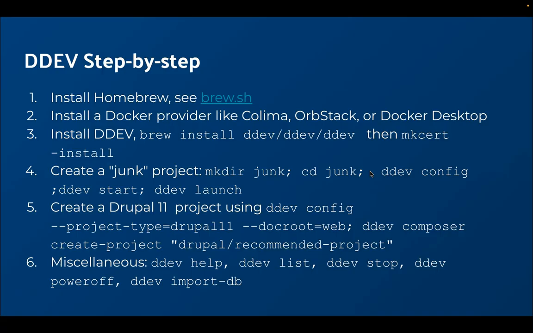In this case, we're going to use OrbStack, which is probably the simplest and perhaps the most reliable, but all of them work fine, and they're all documented, and they're great. Then we're going to install DDEV using Homebrew. Then we'll create a junk project. Later on, we'll create a Drupal 11 project. And then we'll show some various DDEV commands. So that's what we're going to do.